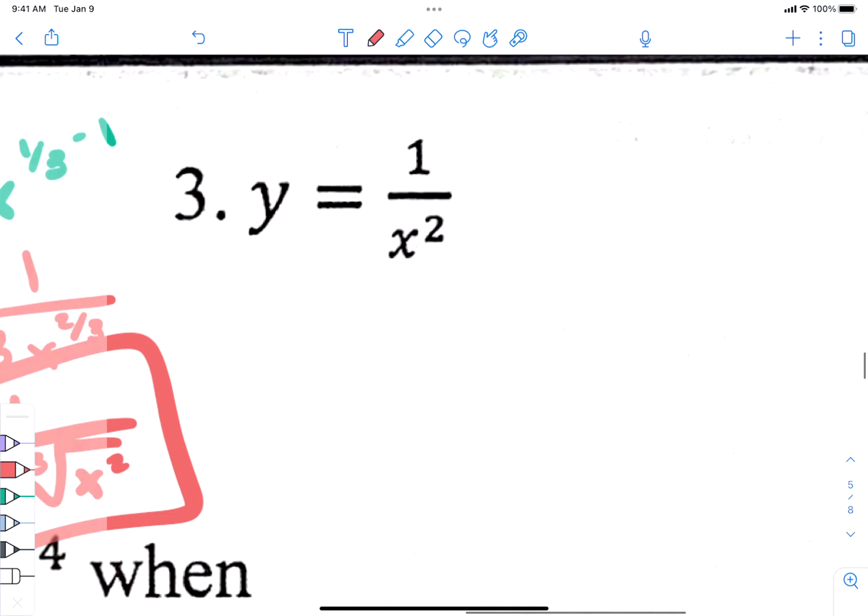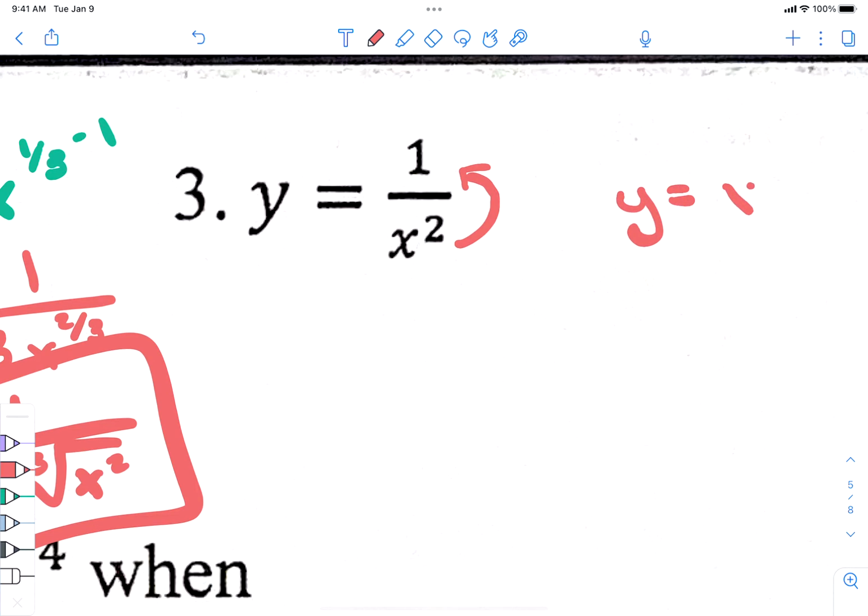Let's talk about number 3. Number 3 is another one where you're going to have to rewrite it, okay? The x squared is in the bottom. So I'm going to move it to the top, so that it looks like x to the negative 2 power. Now that it's in the numerator, we can just do the derivative like normal, right?